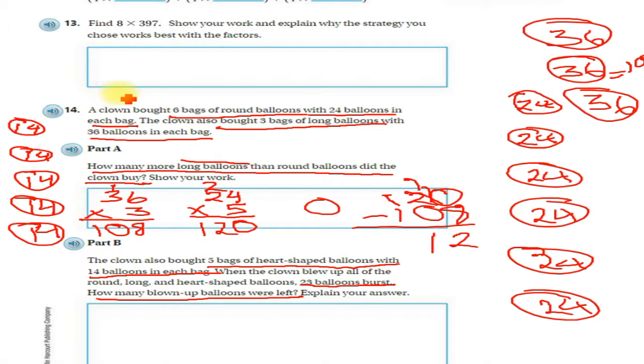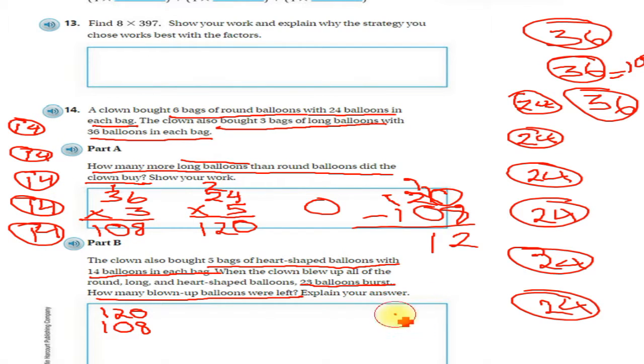So first, let's find out how many total balloons there are. Well, we already found out how many round balloons there are. There's 120. We found out how many long balloons there are. There's 108. And now we need to find out how many heart-shaped balloons he started with. And that's going to be 14, 5 times.